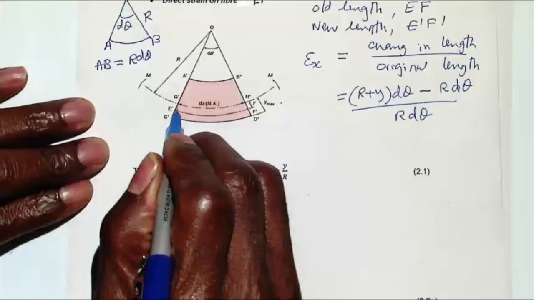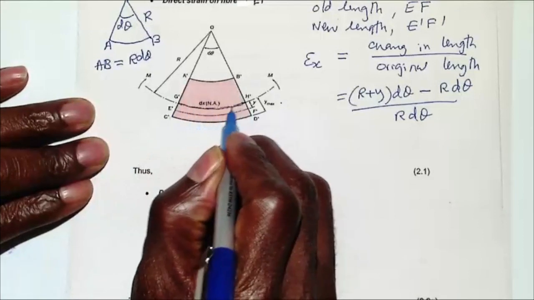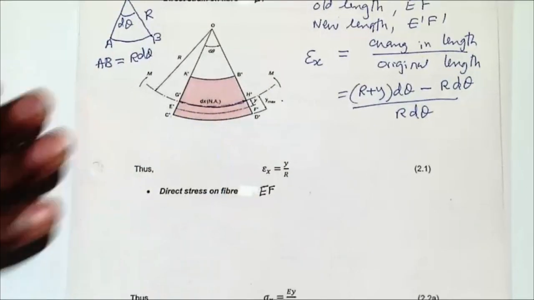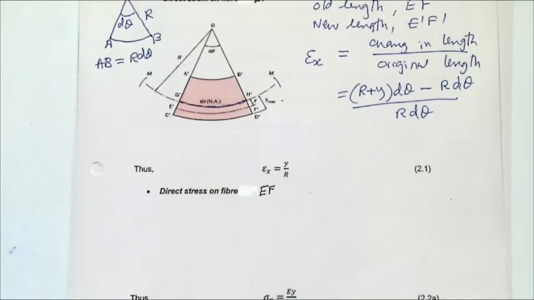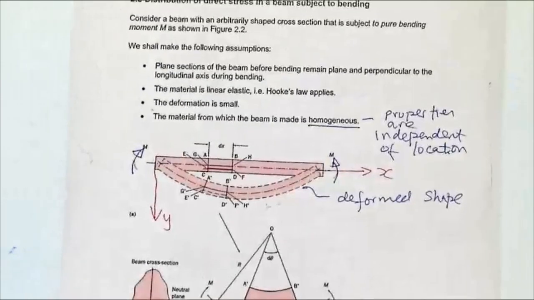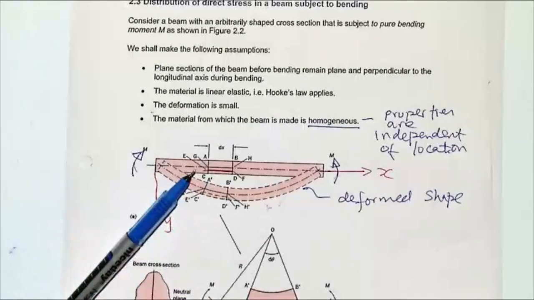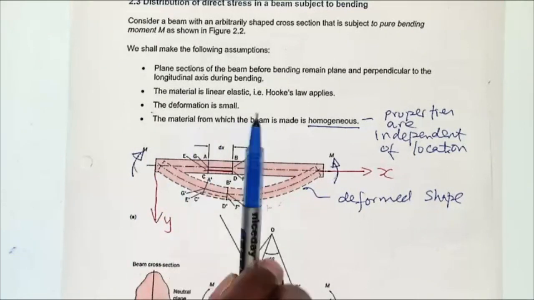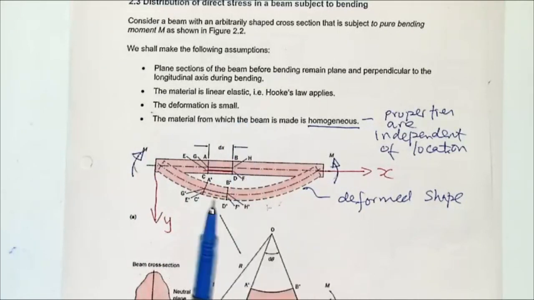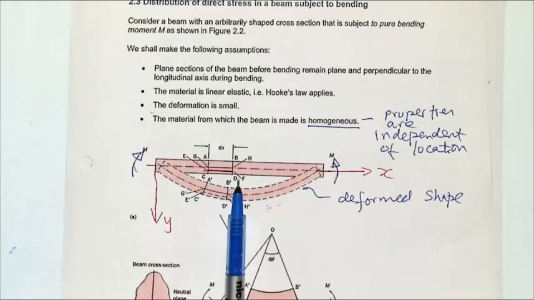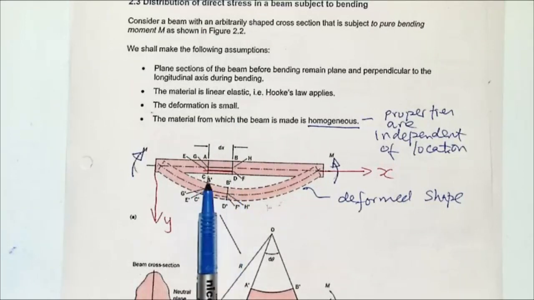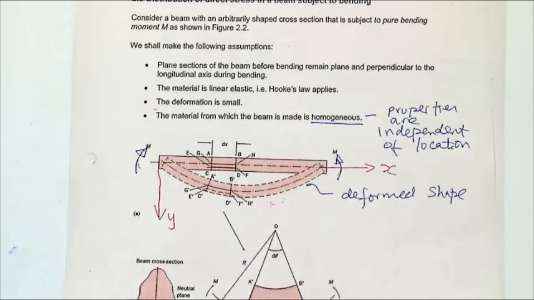The original length is the one along the neutral axis there, because the beam was straight before. Is that clear? If you draw that vertical line and that vertical line, this line CD is the same length as EF, the same length as AB, the same length as GH, because they are straight.